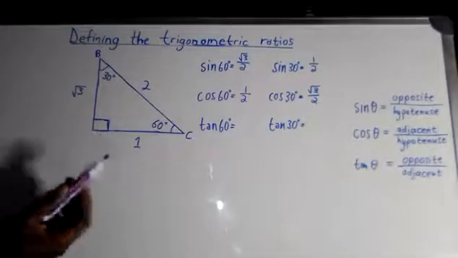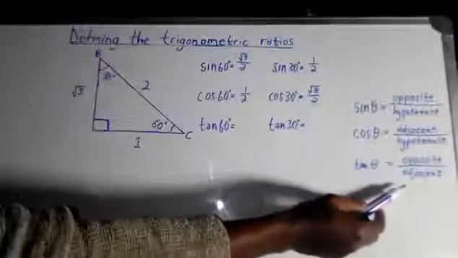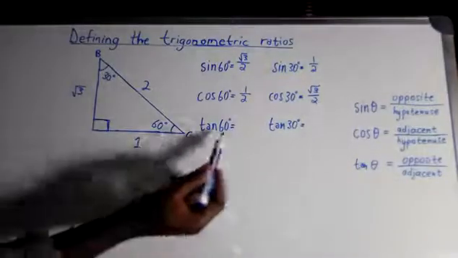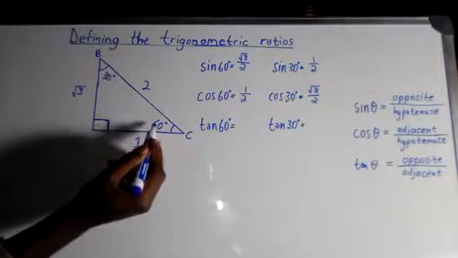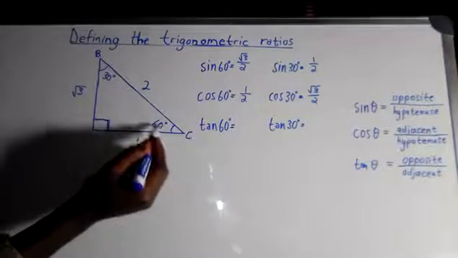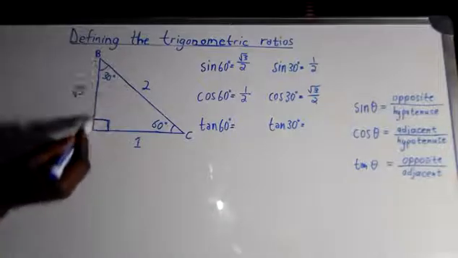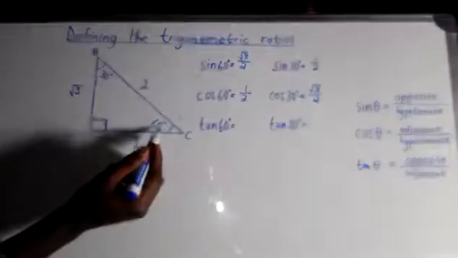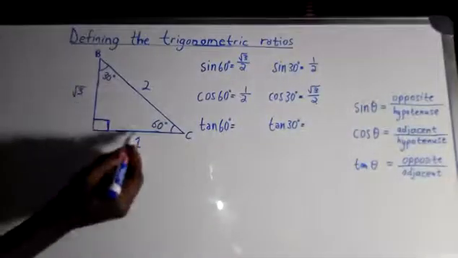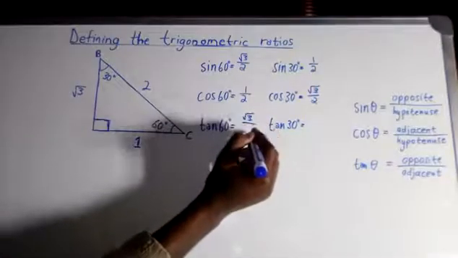Then now, what is tan 60? Tan of an angle is opposite over adjacent. So what is tan 60? I go to 60 degrees. What is opposite? Your opposite side is always opposite your angle. So this is the side that is opposite my angle. So opposite over adjacent for 60 degrees is root 3 over 1.